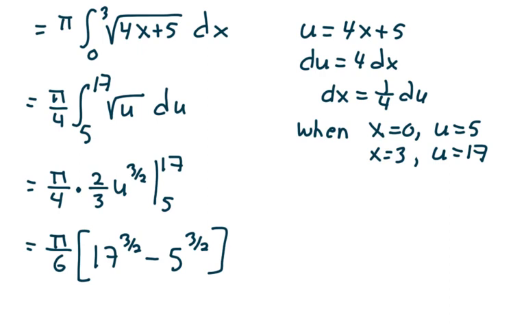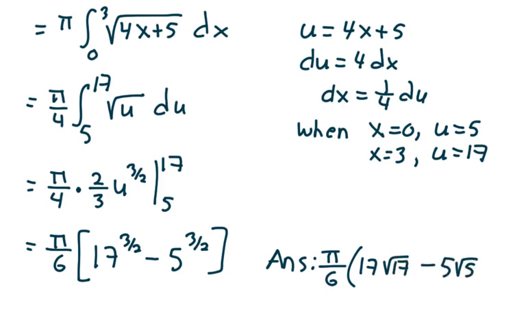So I replace u with 5. And so the answer here is pi over 6 times 17 root 17 minus 5 root 5. And that right there is example 2.